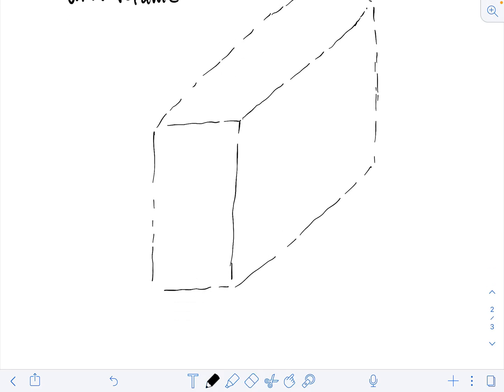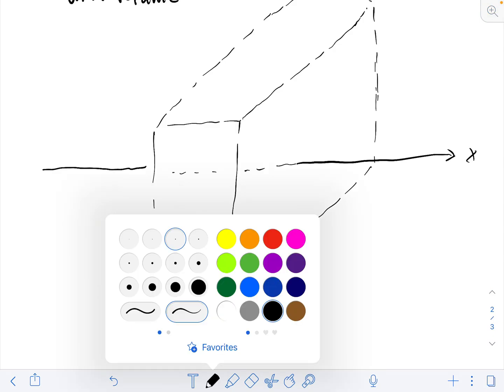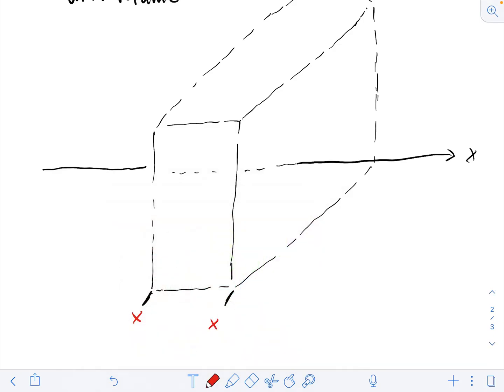Okay, and so I'm also going to say that there's an x-axis that is going to pass through this volume of space. And so I'm going to say that this position here is position x, and this position over here is x plus dx, so that this slab of space has a width of dx.